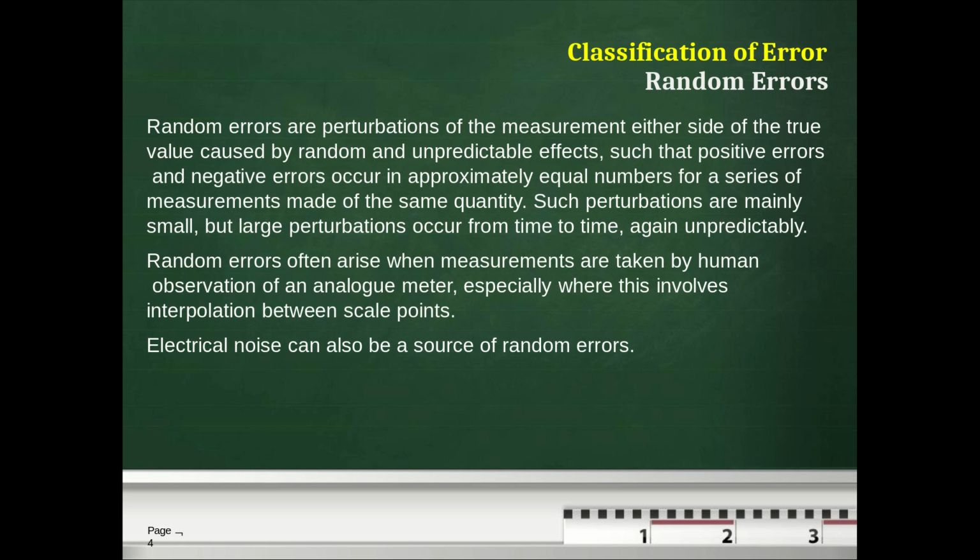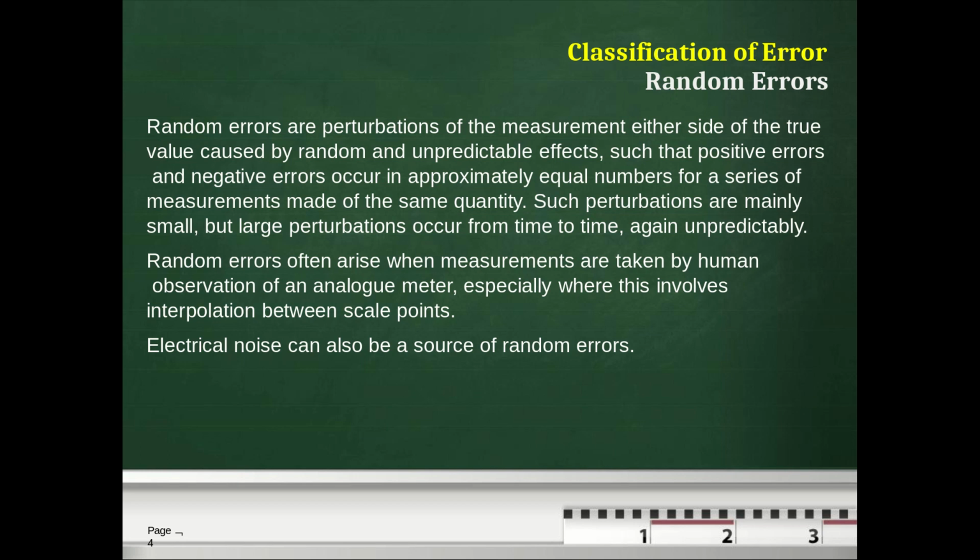The random error is a perturbation of the measurement. It may be on either or both sides of the true value, and it's an unpredicted effect. So you can't make some major change for it.